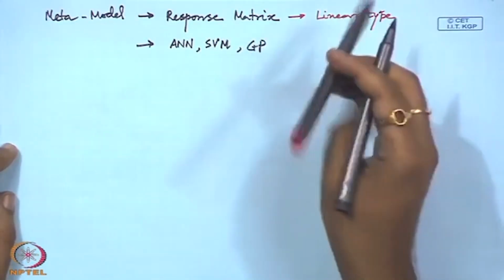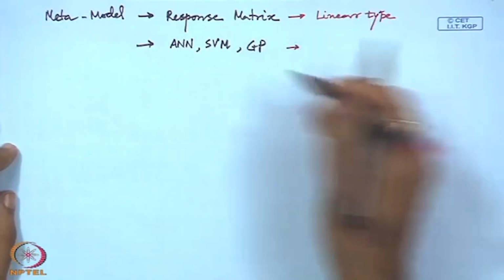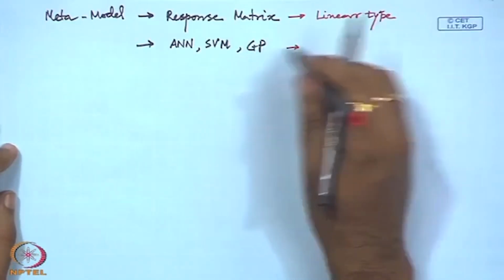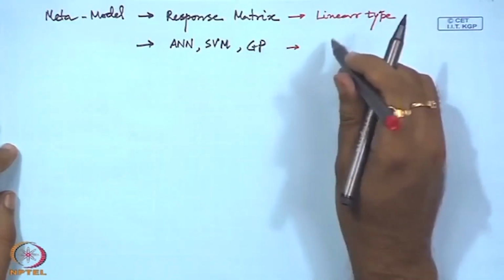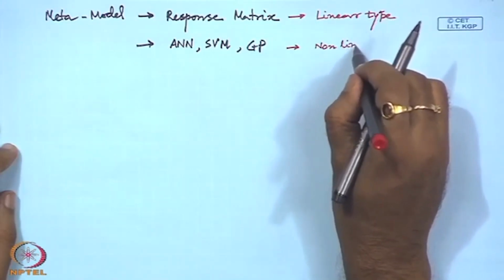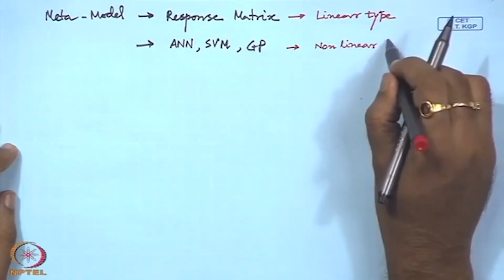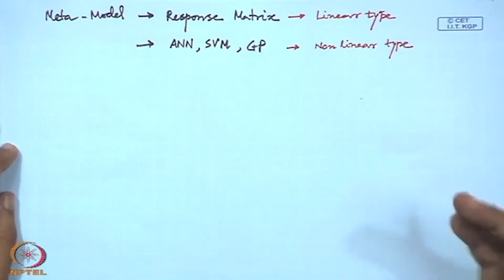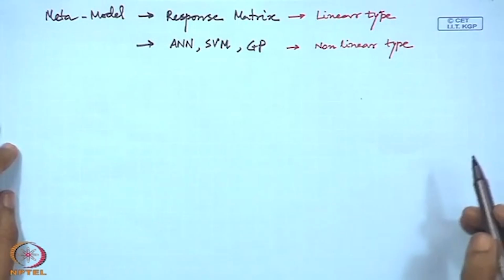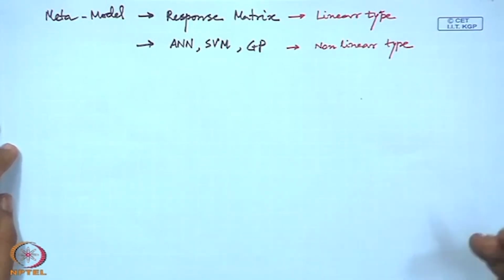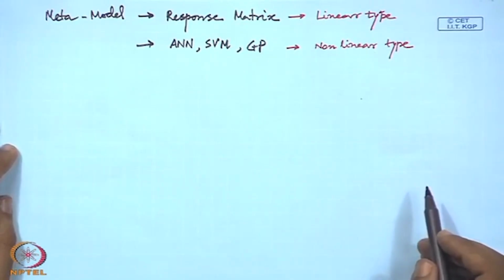ANN is artificial neural network, SVM is support vector machine, and GP is genetic programming. These models can represent the nonlinear behavior of the complex hydrogeological system.